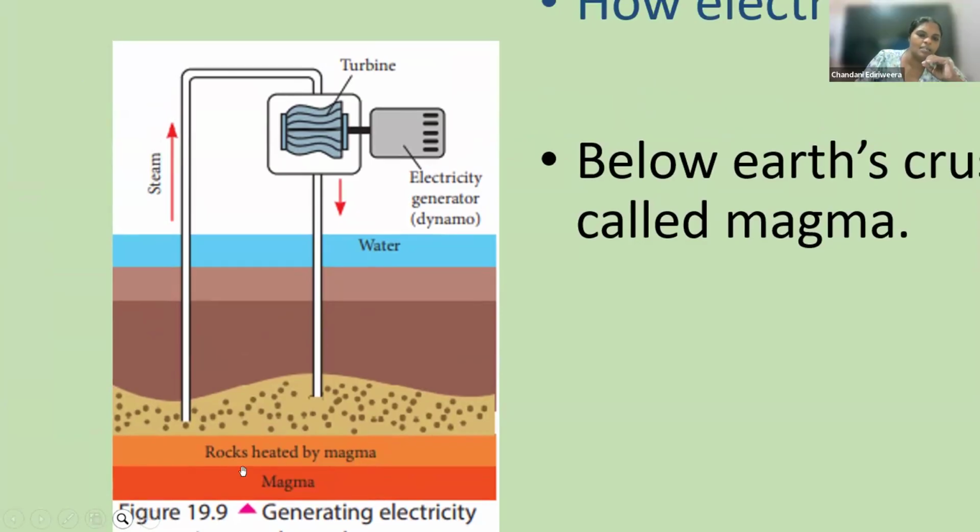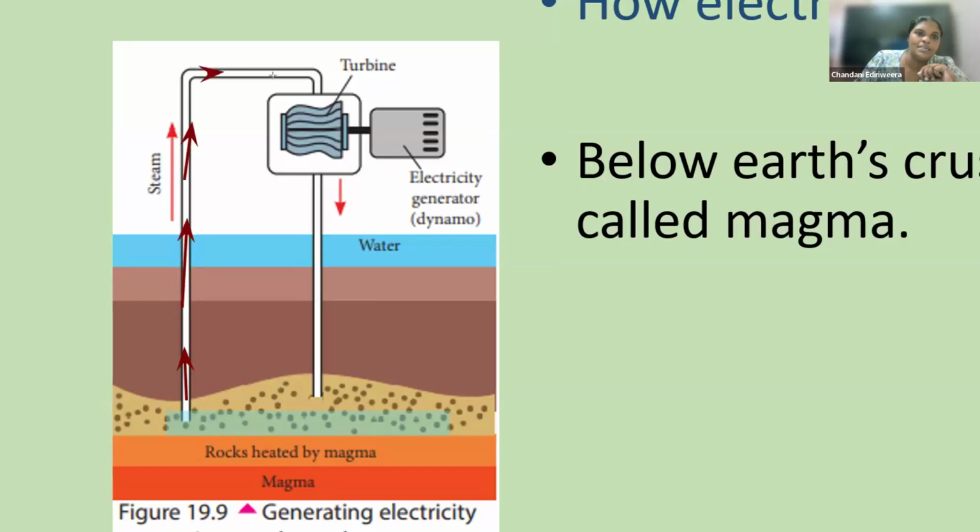Right. And then the rocks are heated here, and the groundwater is there. Consider this area having groundwater. Due to these heated rocks, the groundwater gets warmer and steam is created, and the steam moves up.